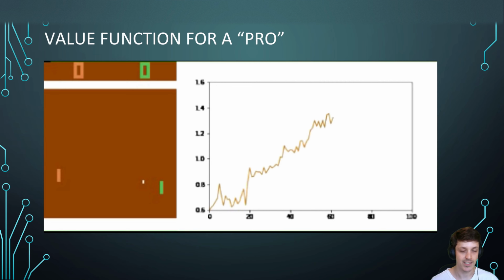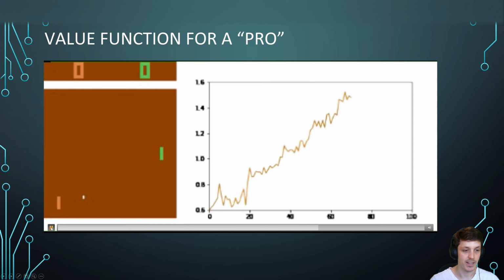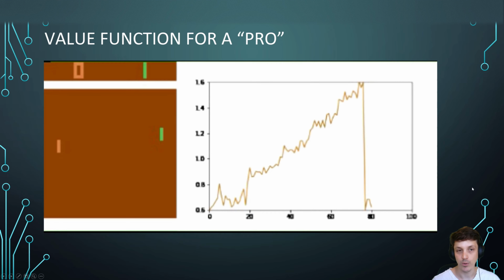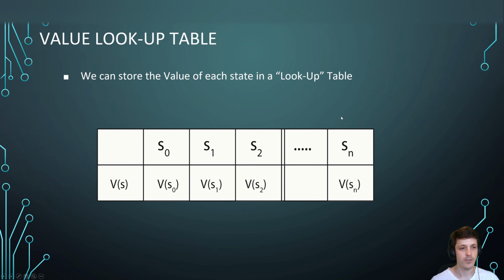There's no chance that it's going to miss. And so the value just keeps going up. And as we get closer and closer to it actually getting it past the computer, the value function peaks and then drops back down, same as before. So you can see that the value function depends on how good the policy actually is, or how good our agent is.